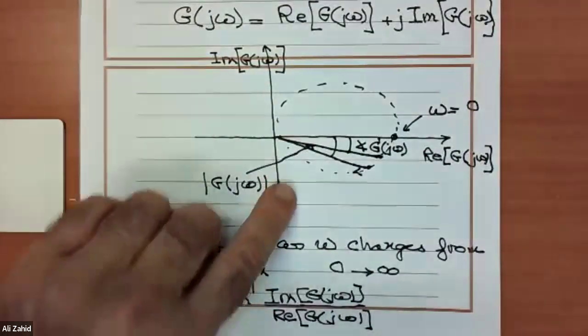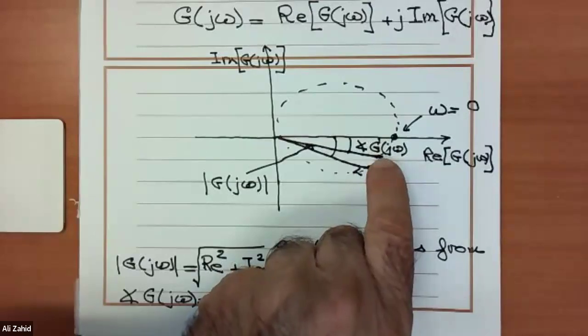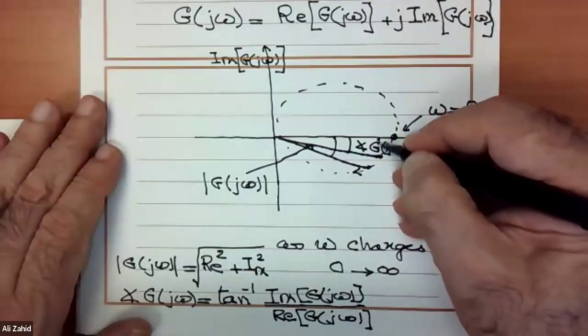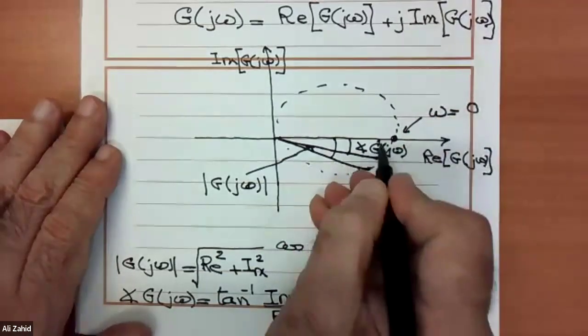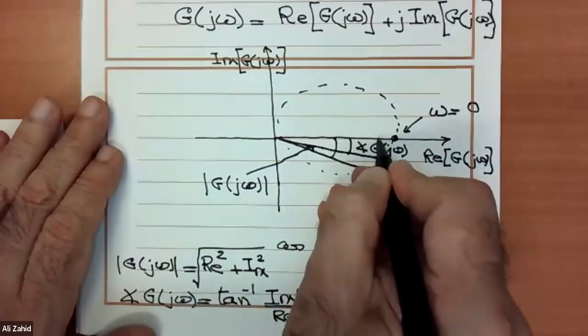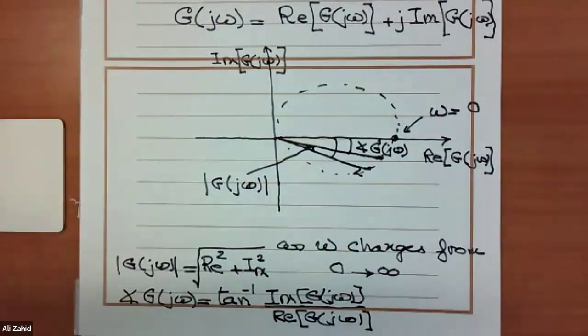Show it graphically. Let's take this point. Where is the imaginary part? This is the imaginary part, and this is the real part. Tan inverse of the imaginary over the real is the phase angle. Did you get it?